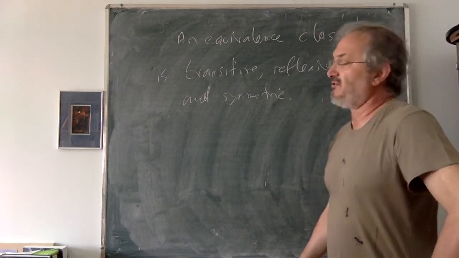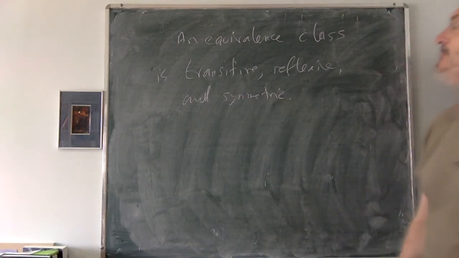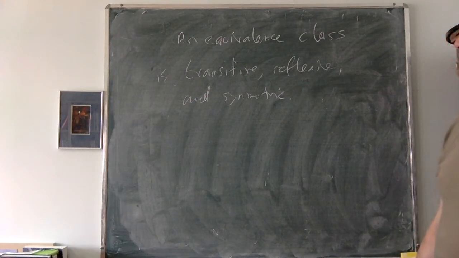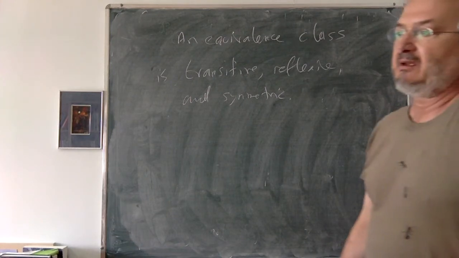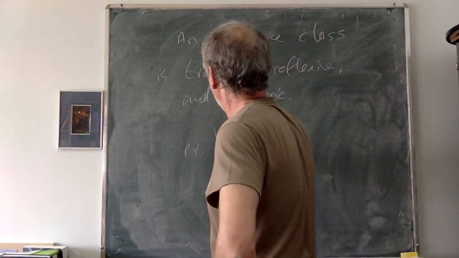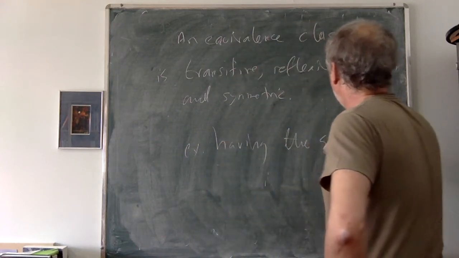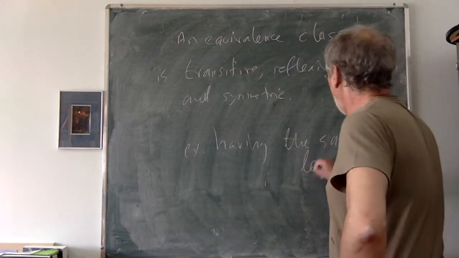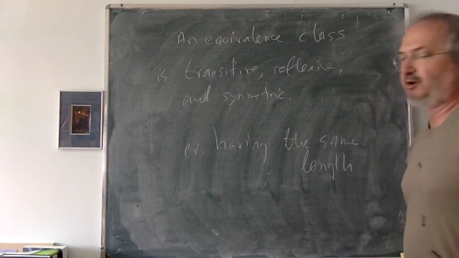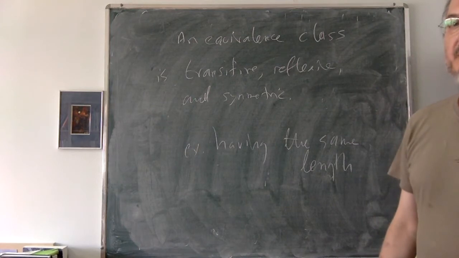And if A has a length of 5 and B has a length of 5, then you're in the same set. Okay. So in that sense, they give you an equivalence class. And for instance, having the same length at this point is an equivalence class.